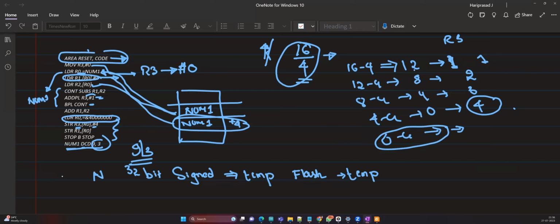We have to apply x by 2 plus 3 to all those numbers using an assembly level program, and finally the result we have to move into some memory.